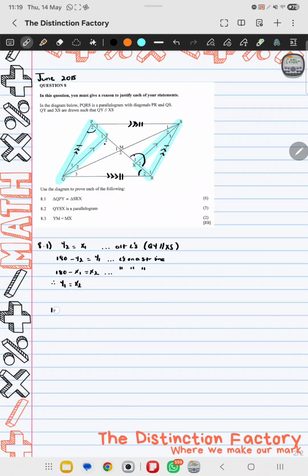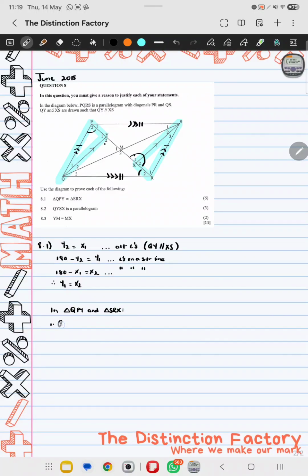So we're going to work with our triangles. Whenever you're working with congruency, state which triangles you're working in. So in triangle QPY and triangle SRX, the first thing that we know is that opposite sides are equal to each other.